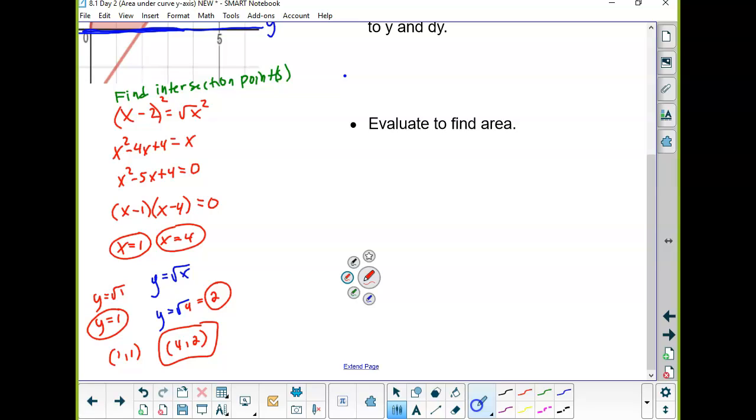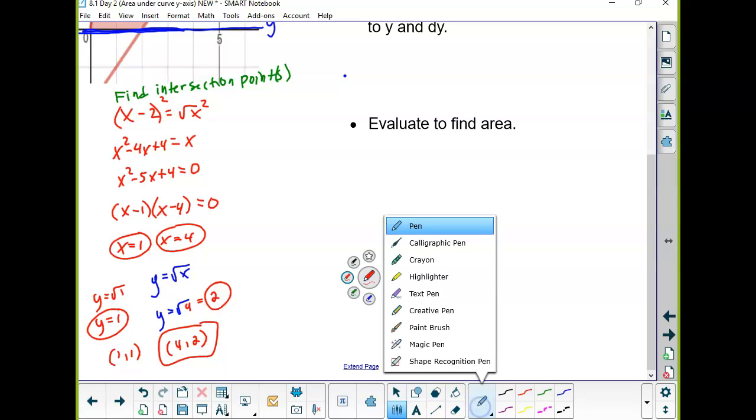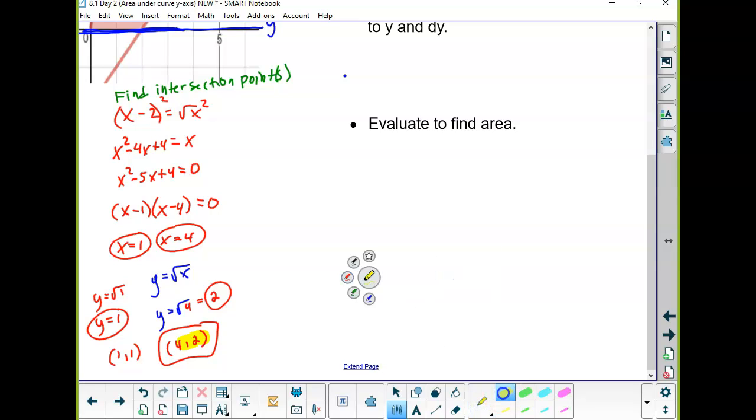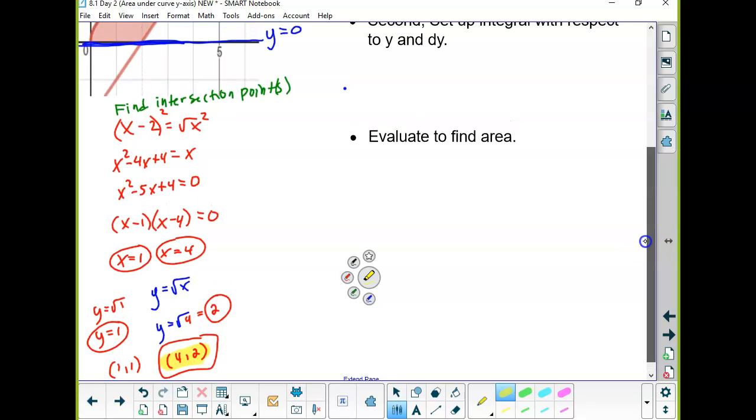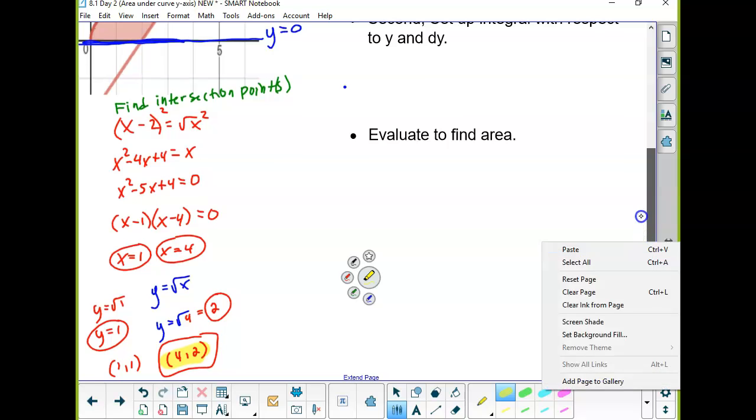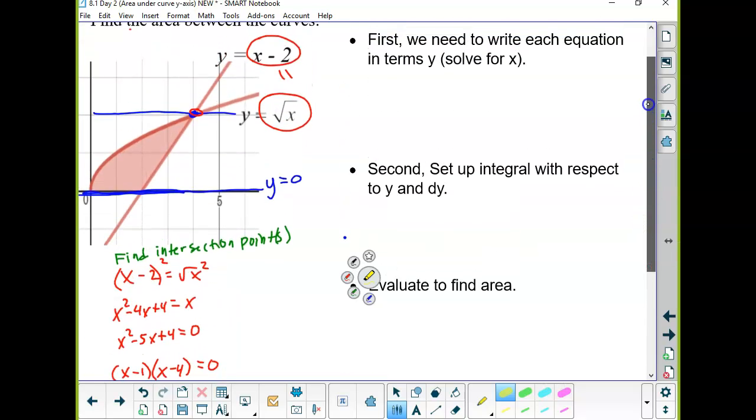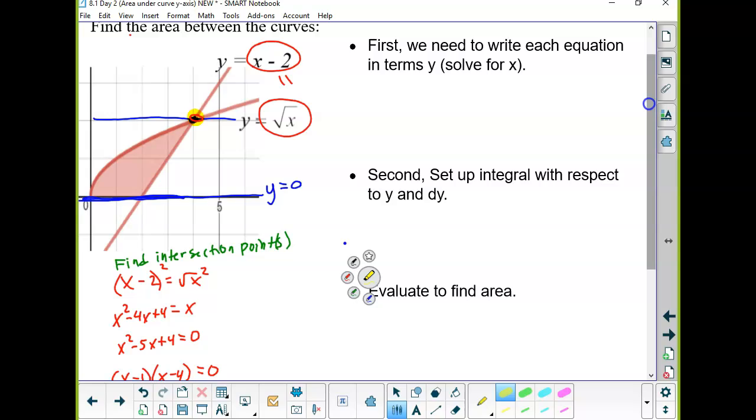But that's the spot that I'm looking for. Alright, so that just confirms, and yes, I know you can read the graph, but there are going to be times where you're not given a graph, and you just set the equations equal to each other, and you can still find the intersection points without even graphing.